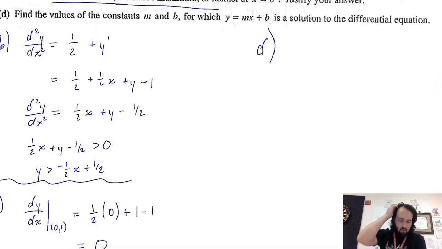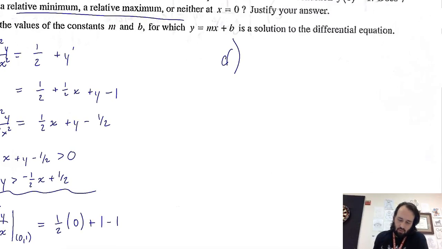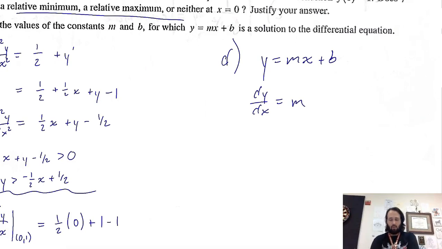Let's take a look. It says find the values of constants m and b for which y equals mx plus b is a solution to the differential equation. In order for this to be a solution, the derivative must be equal to the right-hand side.